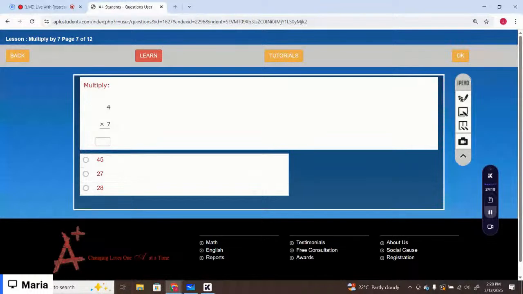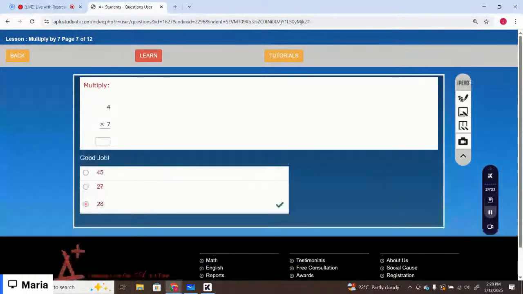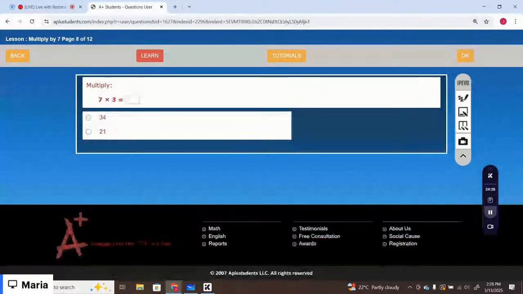Option number three is the correct option. 7 times 3, which is the correct option? Seven times 3 equals 21. Option number two is the correct option.